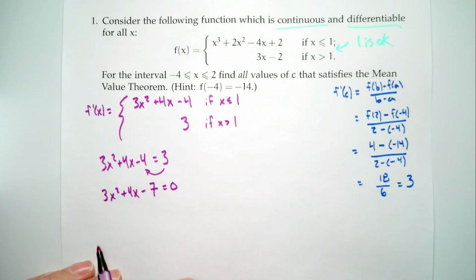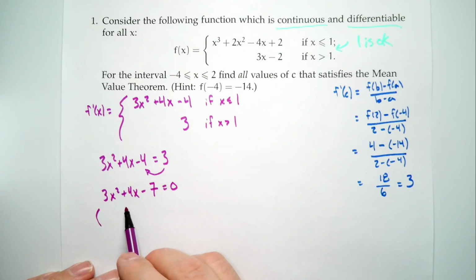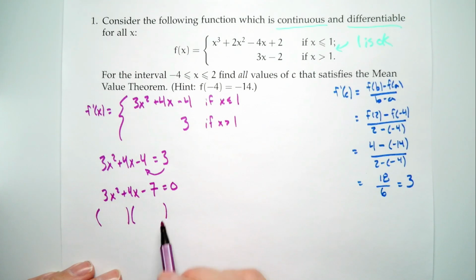Well, does it factor? I think by now we're pretty convinced almost everything factors, right? So the question is, how? One thing you can do is almost guess. You can see the coefficients are really nice, 3, 4, minus 7, which means if you plug in 1, that's a root. So that says x minus 1 is a factor.